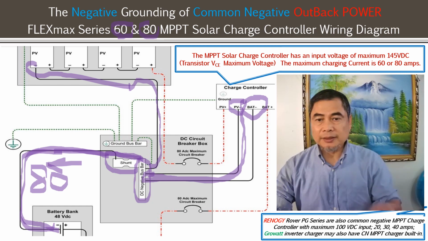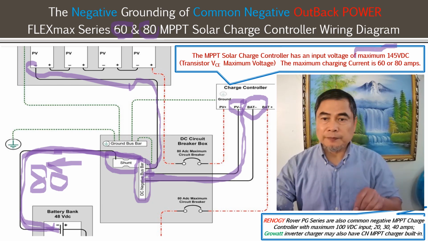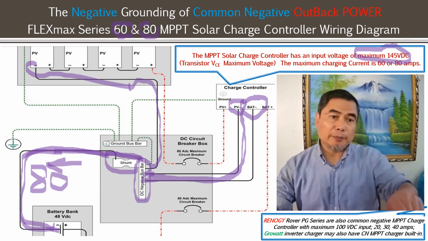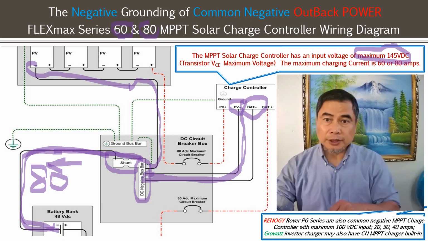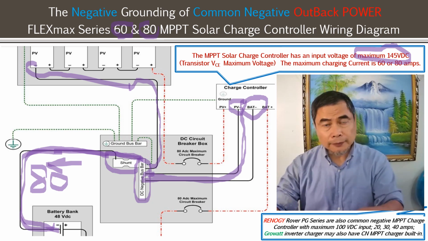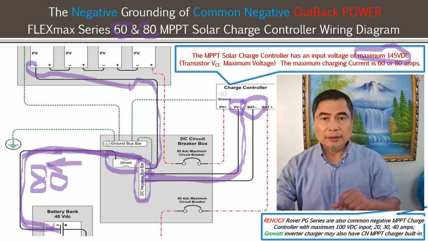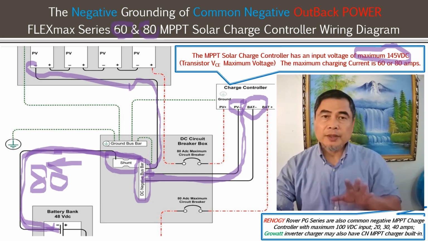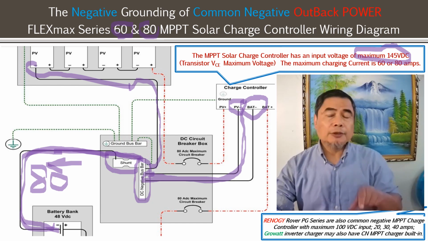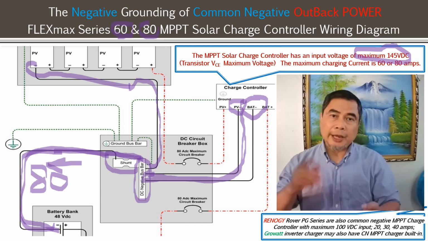So that's the capacity, but you also want to make sure of the maximum voltage, because it will determine how many panels you can connect in series. It's below 140 VDC. Some manufacturers ask for all different kinds of maximum open circuit voltage, but FlexMax asks for 145 VDC. For other models, you may also see other manufacturers give you maximum 60 volts, 80 volts, 100 volts, 150 volts.